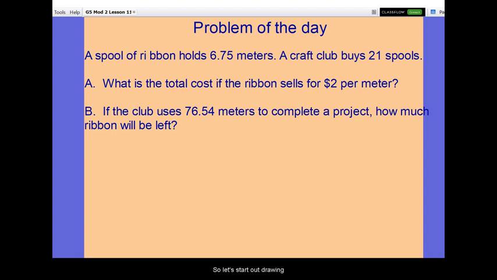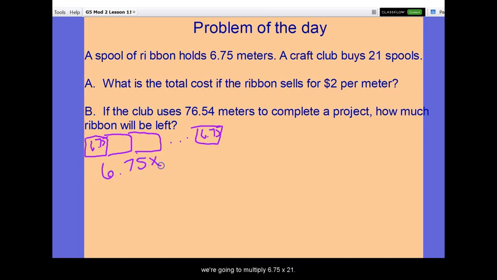So let's start out drawing a tape diagram to help us set up this problem. We have spools of ribbon, and each spool of ribbon has 6 and 75 hundredths meters, and we buy 21 spools. So to find out how much ribbon we buy in all, how many meters we buy in all, we're going to multiply 6 and 75 hundredths times 21.